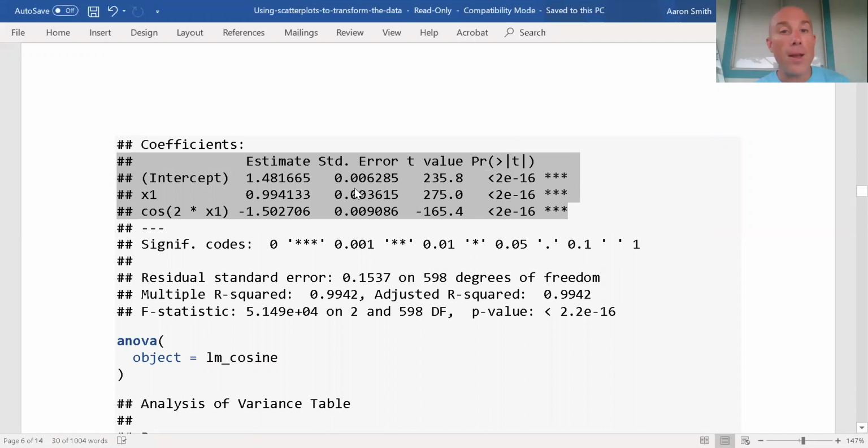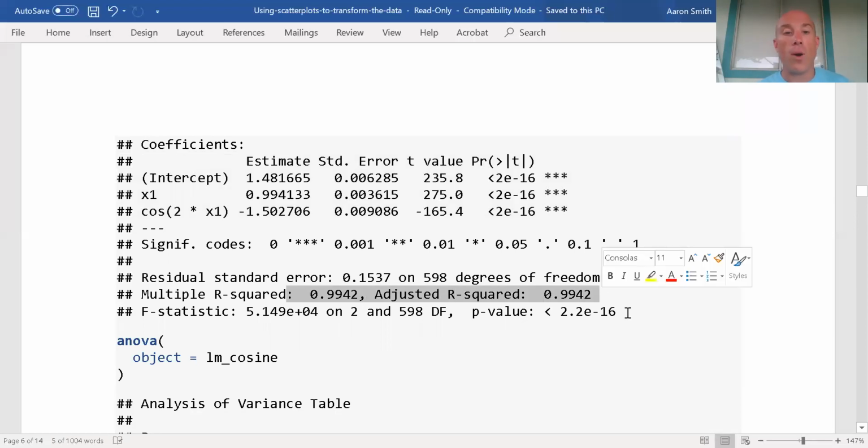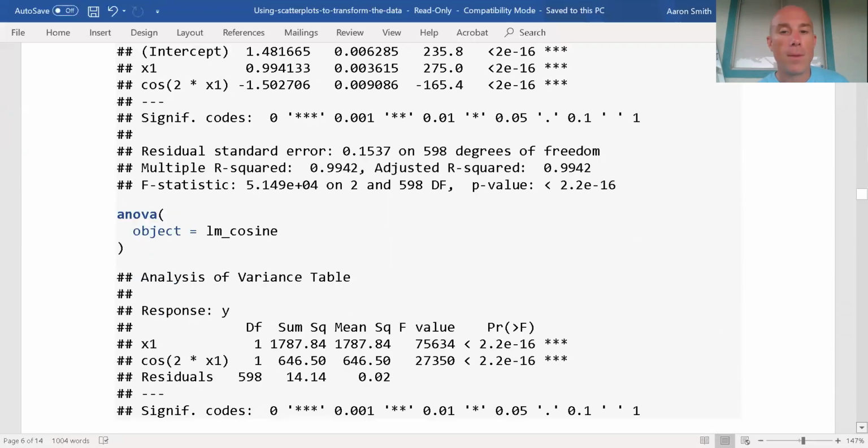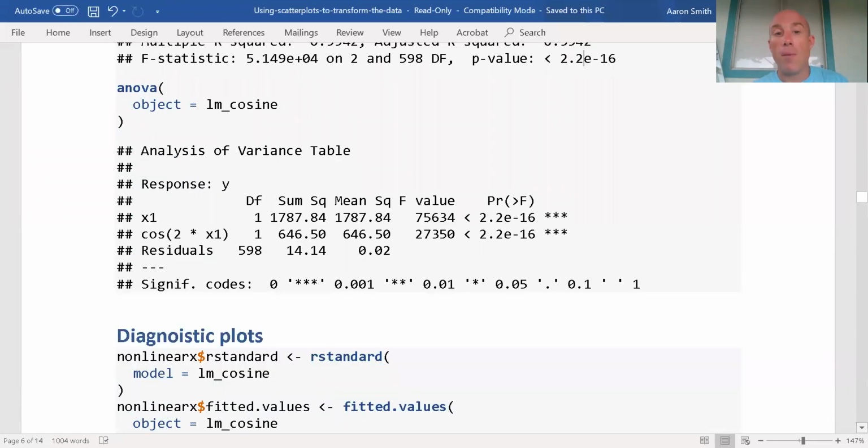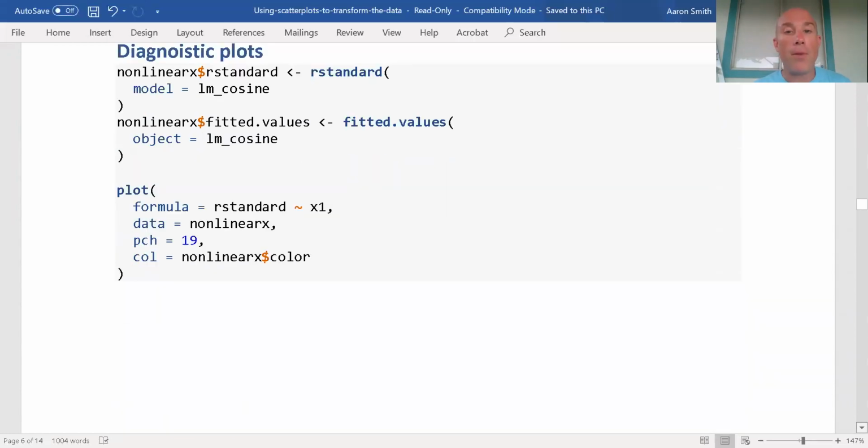I have super tiny standard errors on my coefficients, my t-values are huge, I've got nearly perfect R-squared and adjusted R-squared, and a super, super huge F-statistic. Everything is pointing to this being a good, solid model. The ANOVA test does the same thing. Everything looks really, really good. I'm really pumped up about this.